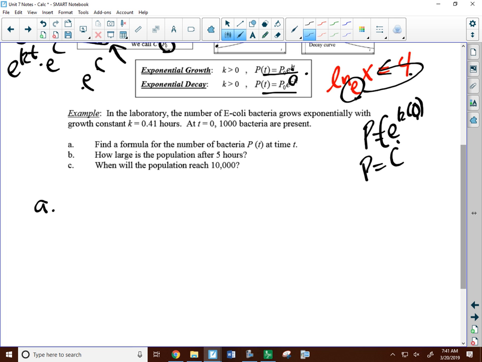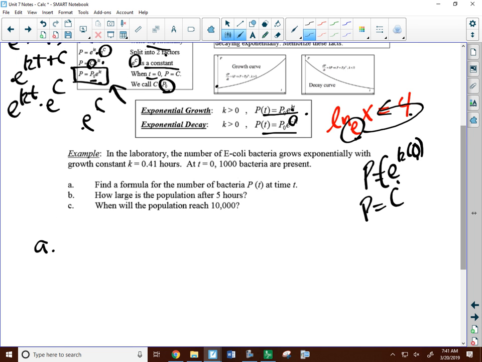Let's see. Find a formula for the number of bacteria, P of t, at time t. Again, I should go through this. P of t is the amount, not the initial amount, just the amount you have at a certain time. P sub 0 is the initial amount. E is the number e. K is the growth constant or decay constant. It's a common ratio value.